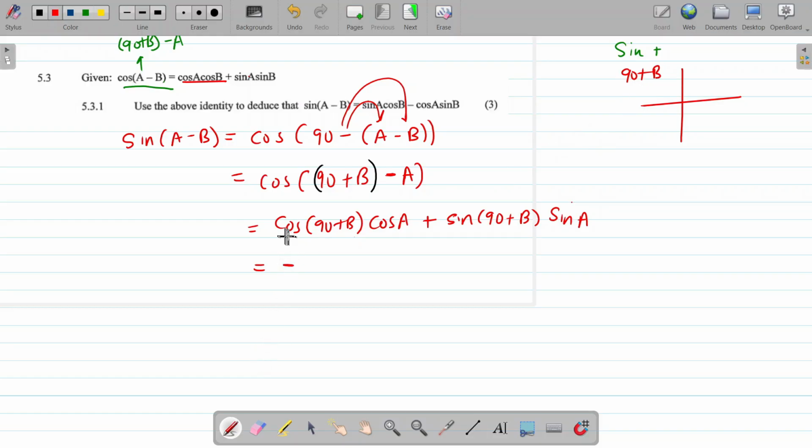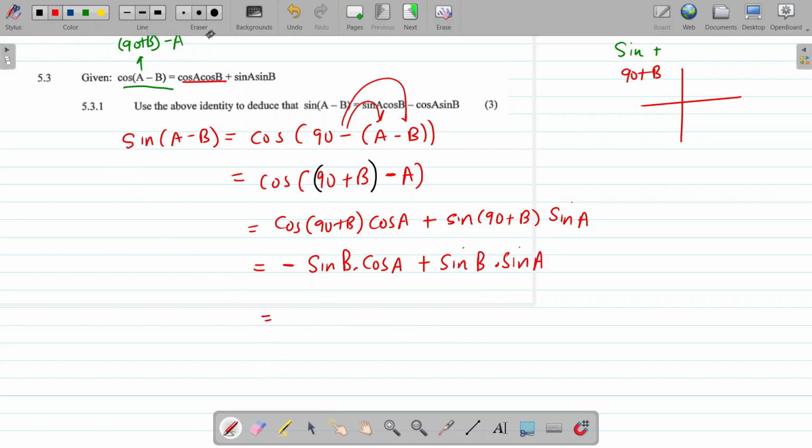But because I'm using 90 to reduce, the cos will change to sine. So this will become minus sine of B, and then cos of A. Now when I look at this sine of 90 plus B, second quadrant, sine is positive. So this is just going to turn into sine of B, and then multiplied by sine of A.